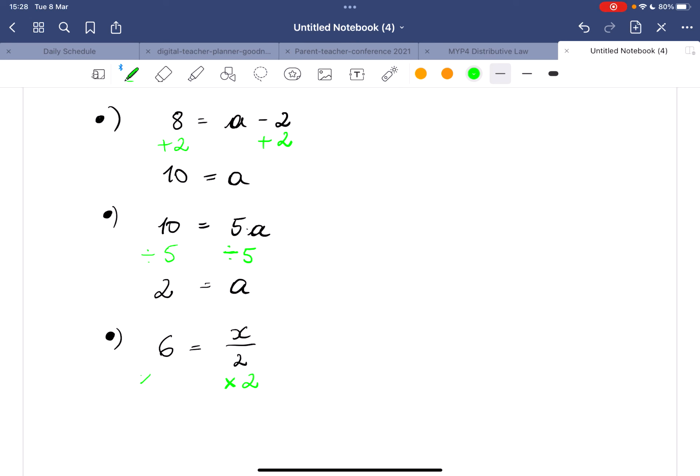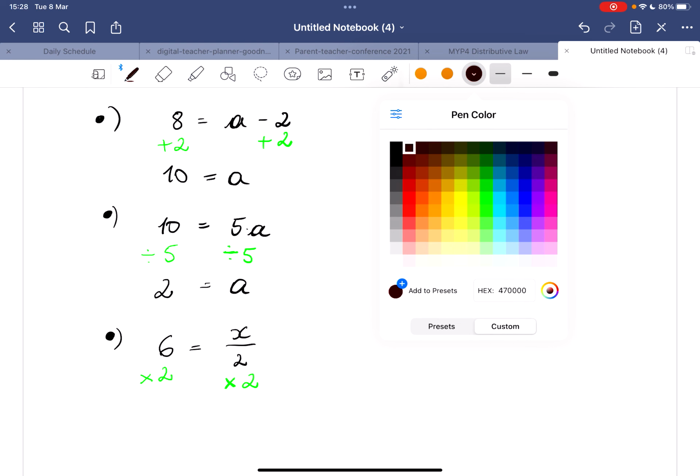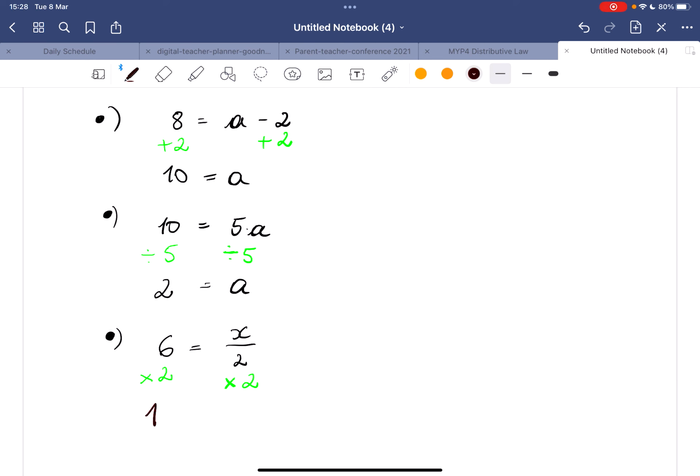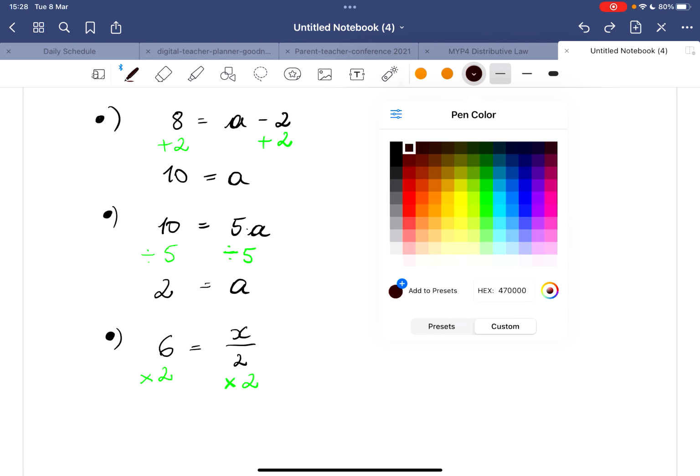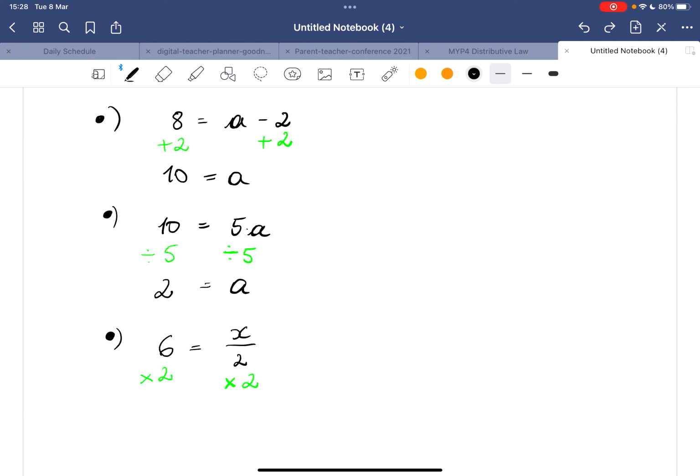Whatever I do on this side, I also need to do on this side. 6 times 2 gives me 12. Sorry. 6 times 2 is 12. And now this is gone because divided by 2 multiplied by 2 is simply times 1. So that gives you the x here.